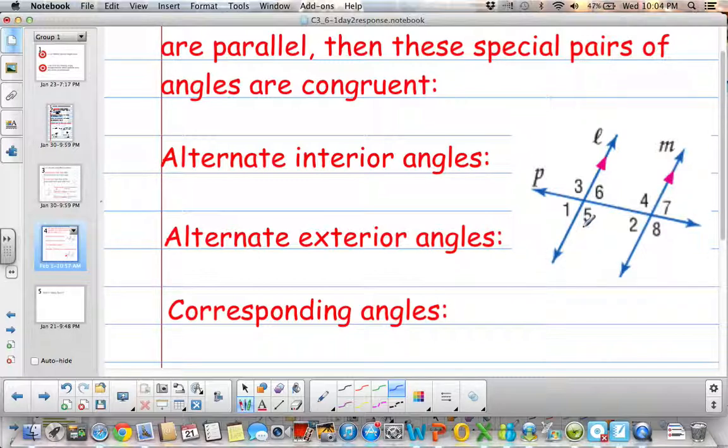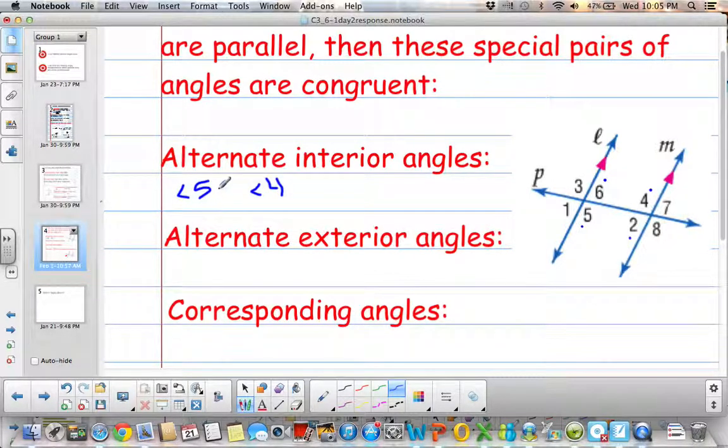Our interior angles would be 5 and 6 and 2 and 4. Alternate interior angles: angle 5 and angle 4, because they are opposite from each other, are congruent.